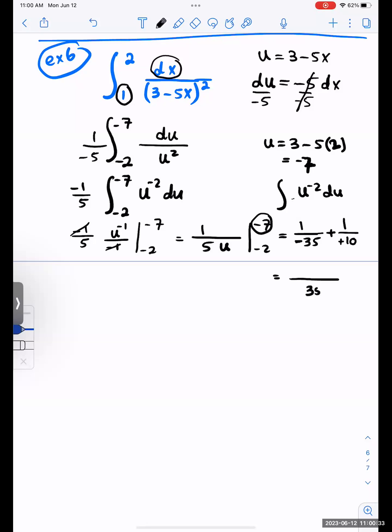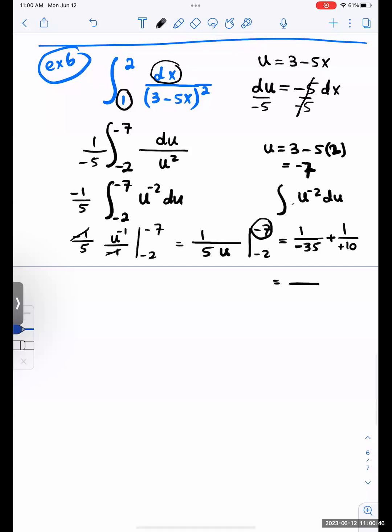So 350, I mean, whatever way you want to come up with the common denominator. Or if you can, let's just think of something smaller, 70. 70 to be the common denominator. Top and bottom of the first one by 2, so it's -2.